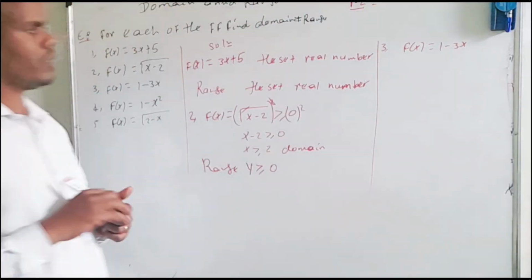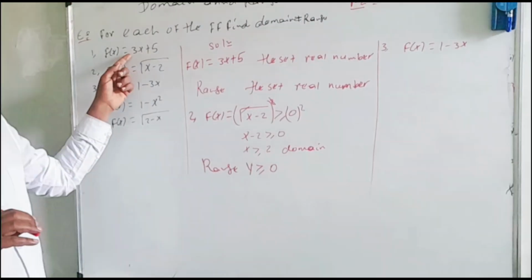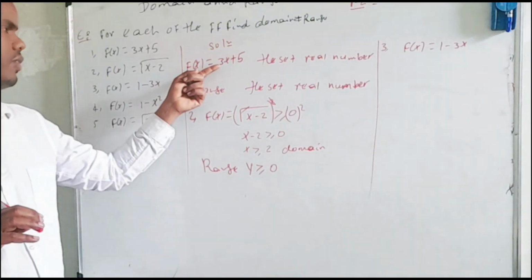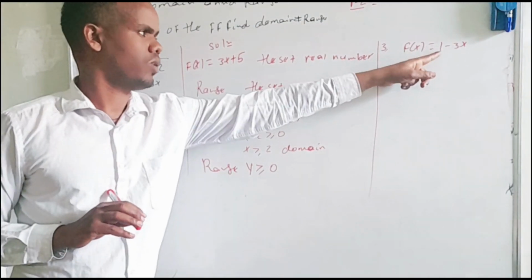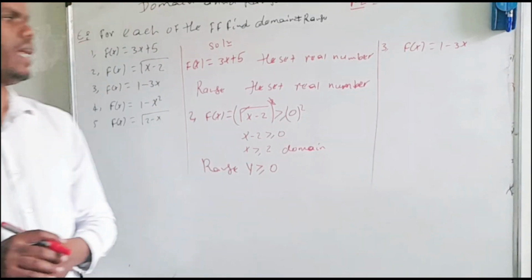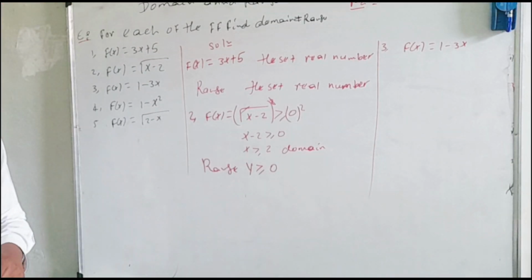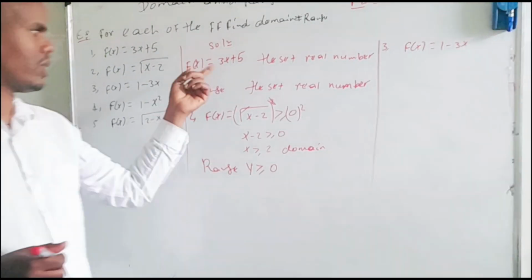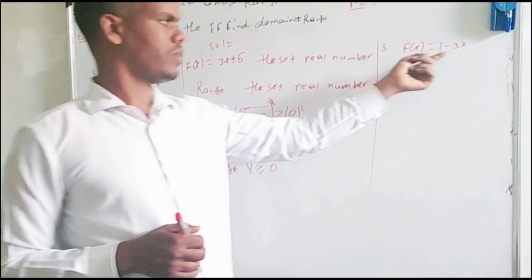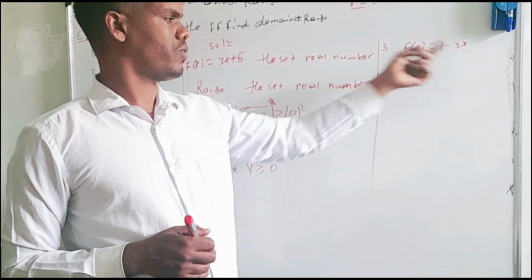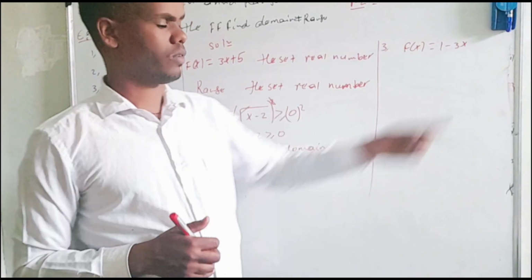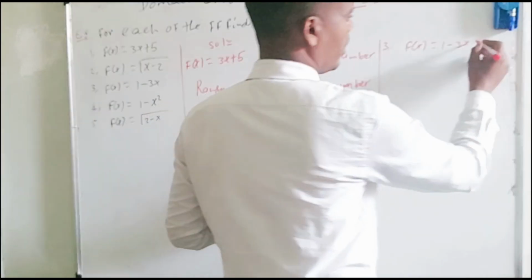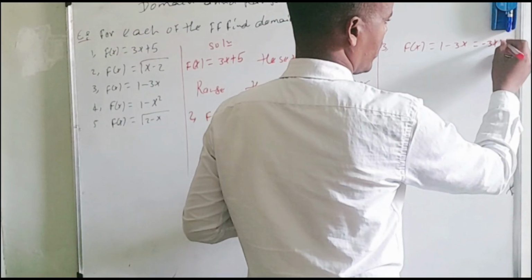Compared to the first function, 3x plus 5, and this one, 1 minus 3x, they have the same domain and the same range, because this one is a linear function and that one is also a linear function. What is their difference? This one is an increasing function, this one is a decreasing function. This is equal to minus 3x plus 1.